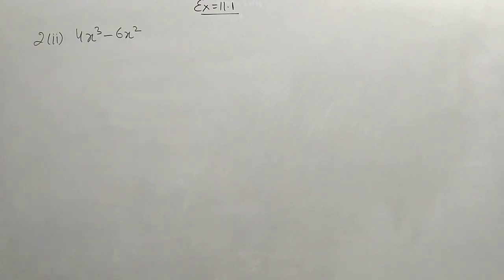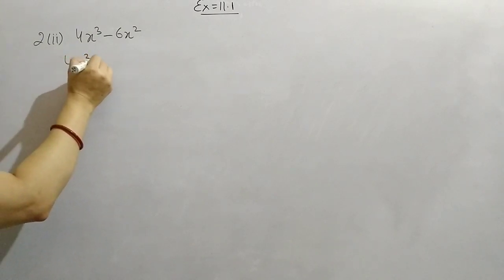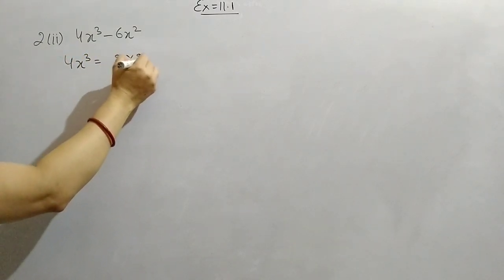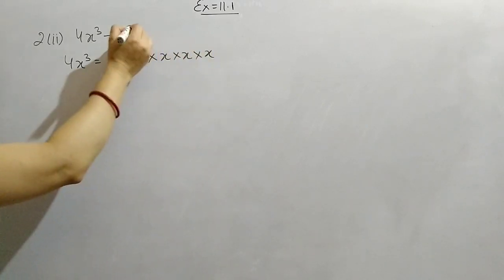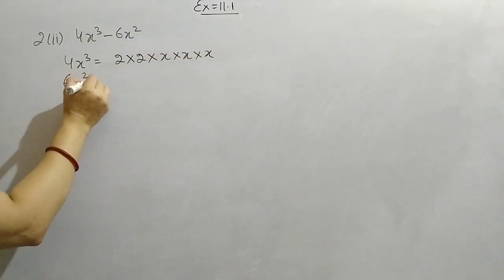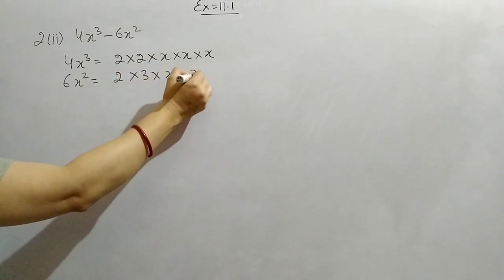Second question, second part: 4x cube minus 6x square. 4x cube we can write as 2 into 2 into x into x into x. Next is 6x square. We can write as 2 into 3 into x into x.